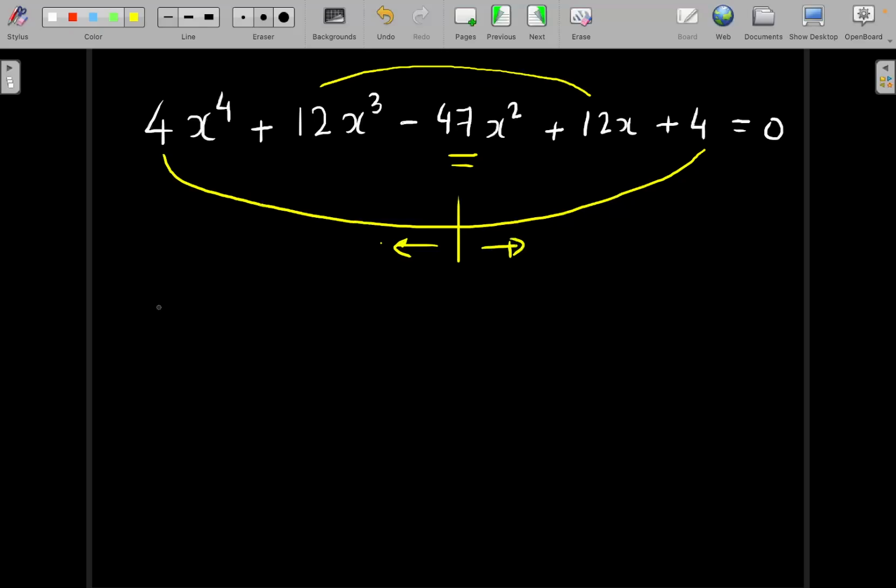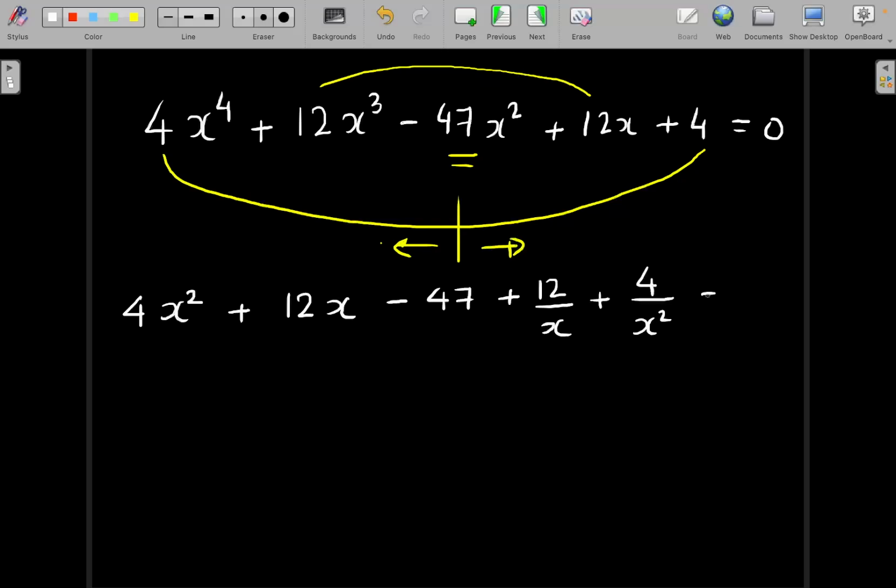So let's try and figure out how to handle this problem. The first step is, let's divide by x square. So this becomes 4x square plus 12x minus 47 plus 12 upon x plus 4 upon x square equal to 0.